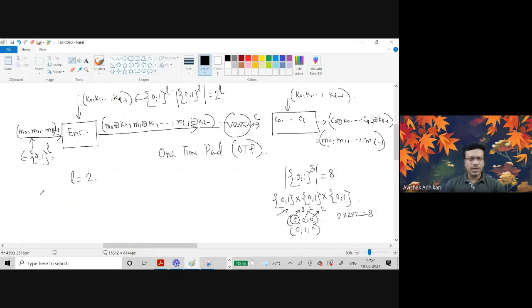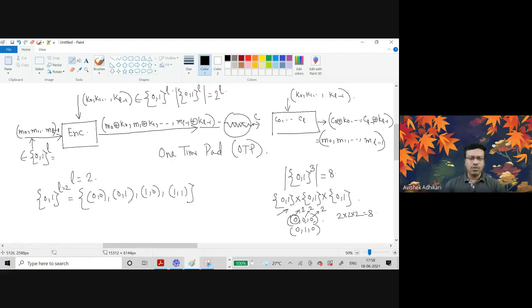That means in your {0,1} to the power L, how many elements are there? 4 elements. Who are they? 0 0, 0 1, 1 0, and 1 1. So they are the 4 elements.